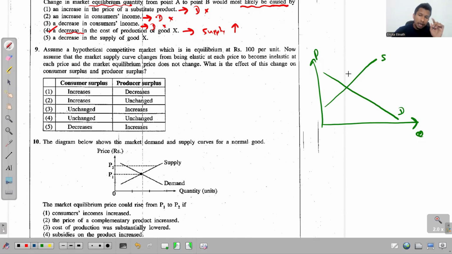Based on this elastic supply and the typical demand curve, equilibrium price is decided as rupees 100. Then the supply curve changes from being elastic to inelastic, and the question asks us to recognize what is the effect of this change on consumer surplus and producer surplus.